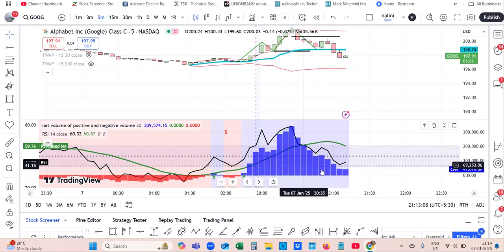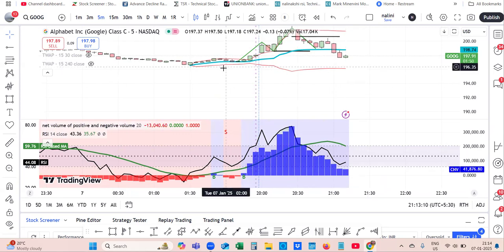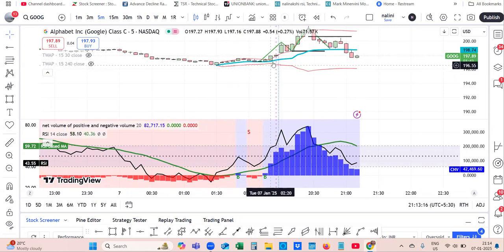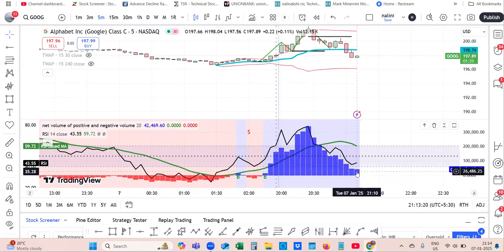But still the net volume is positive. The reason for this is there is positive movement. A trend has built up from this level. That's why volume is positive. You can see RSI has already crossed below the 50 mark line.